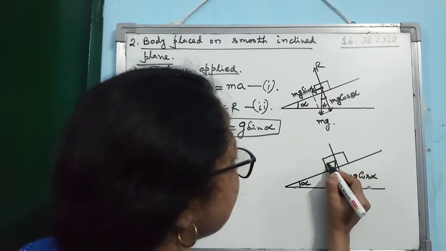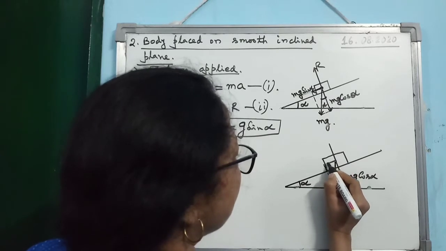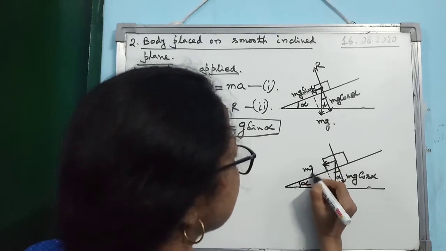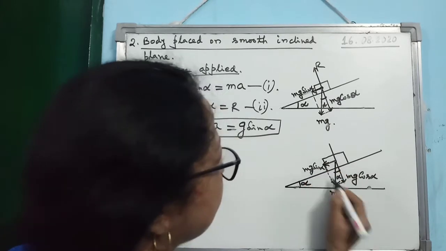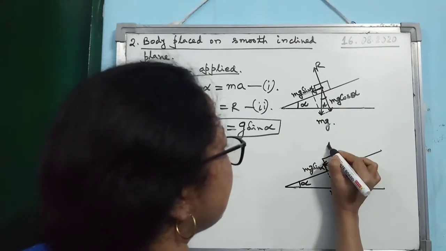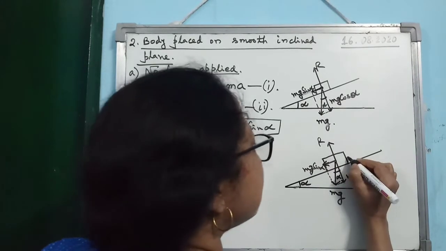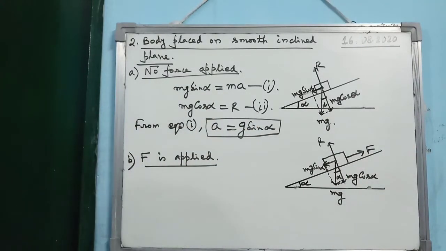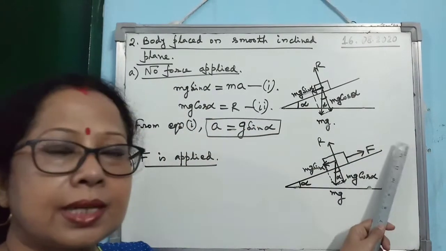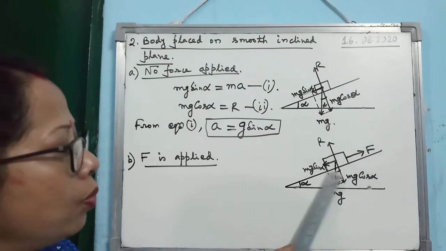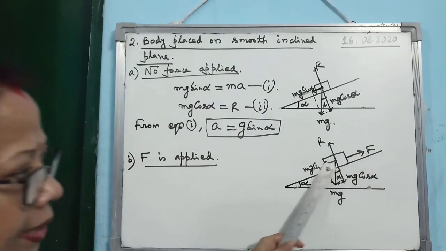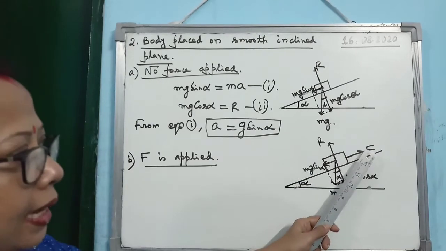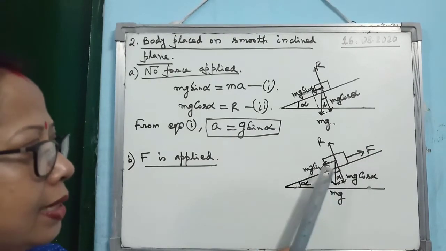From this, this is mg sin alpha acting in this direction, then the normal reaction is acting up, and suppose you have applied a force F in this direction. Then you see what is happening. What is the resultant force along the incline? It is F minus mg sin alpha.